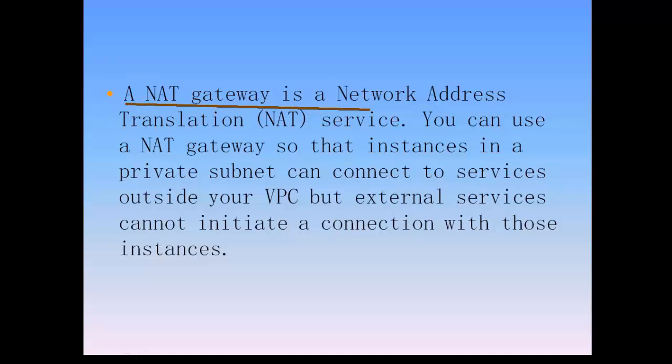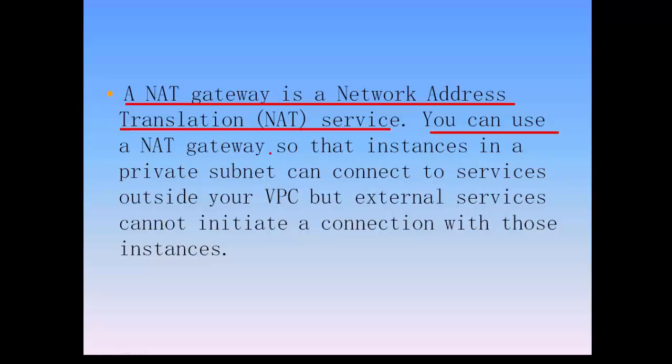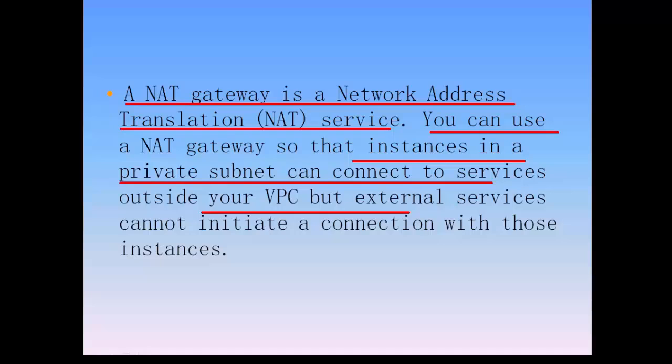A NAT gateway is a network address translation service. You can use the NAT gateway so that instances in the private subnet can connect to services outside your VPC. Within the VPC, everything is okay, whether connected to the NAT gateway or internet gateway, no problem.